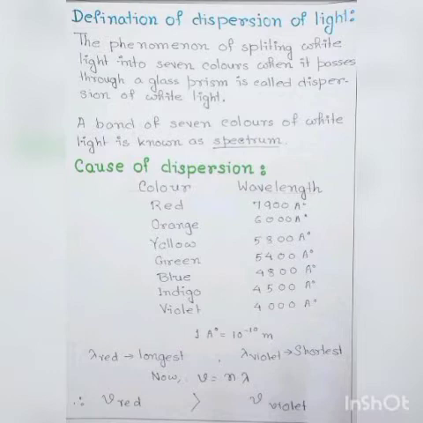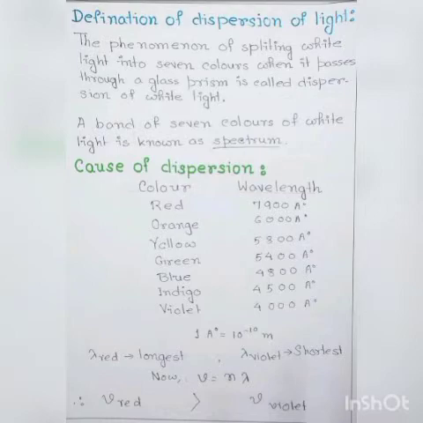First, observe the list of the wavelength of colors that I have given here. Wavelength of red is 7900 angstrom, orange is 6000 angstrom, yellow is 5800 angstrom, green is 5400 angstrom, blue is 4800 angstrom, indigo is 4500 angstrom, and violet is 4000 angstrom, where 1 angstrom is equal to 10 to the power minus 10 meter.